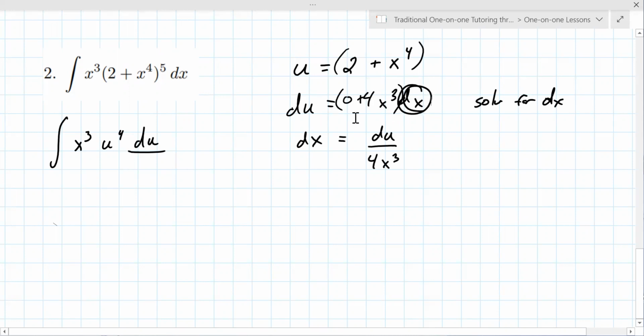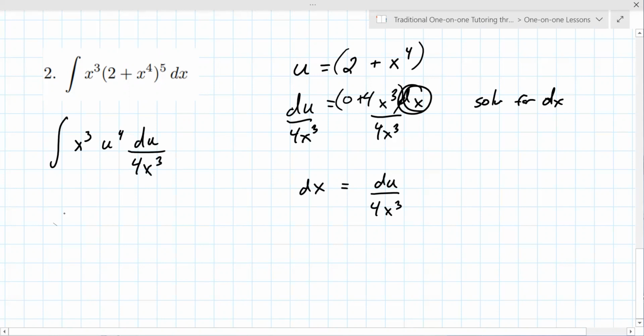You just divide both sides by 4x cubed. And then you just switch the order so that dx is on the left. Gotcha. And again, if you've done this right, it almost always reduces to something that's one of the rules on your integral sheet.